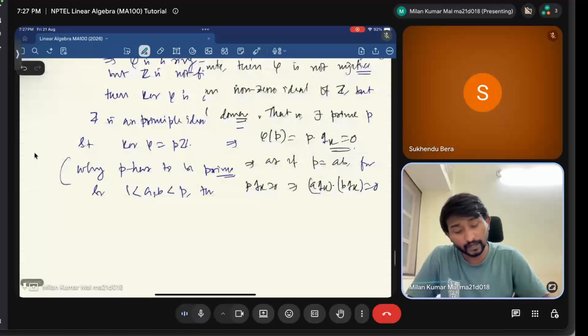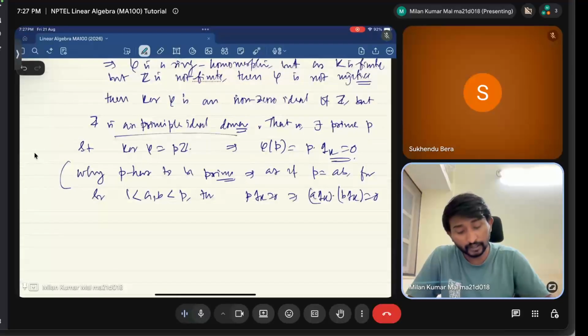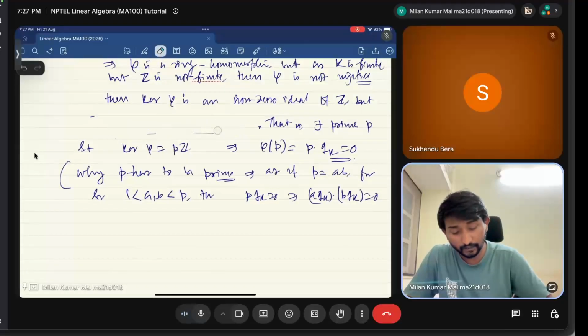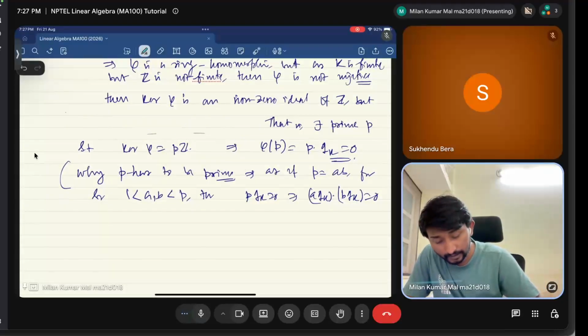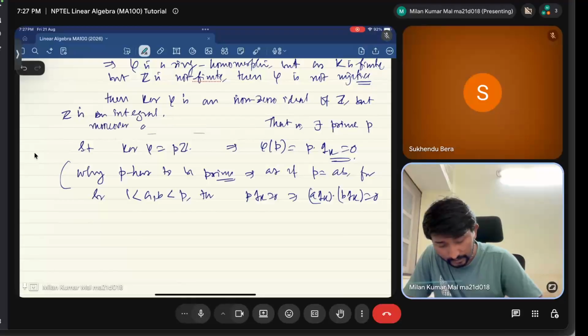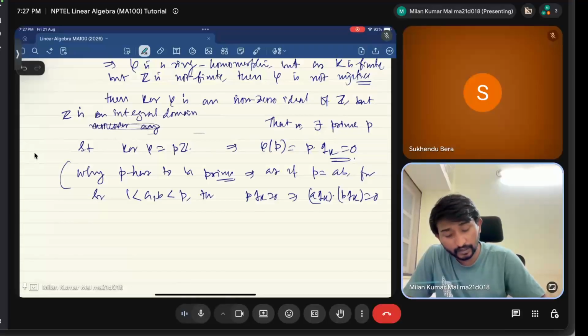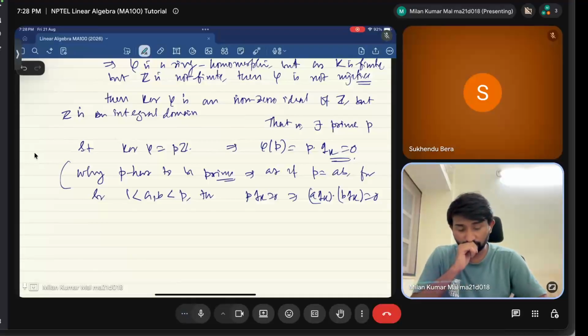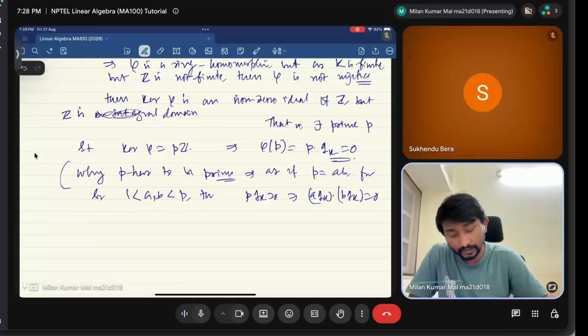But Z is an integral domain, so here I can write more generally. Z is an integral domain, moreover a principal ideal domain.